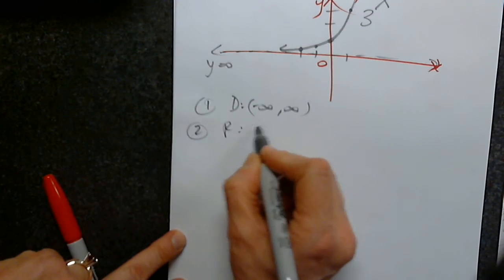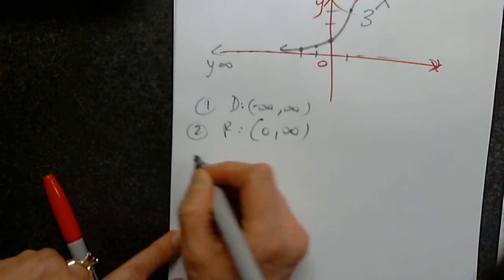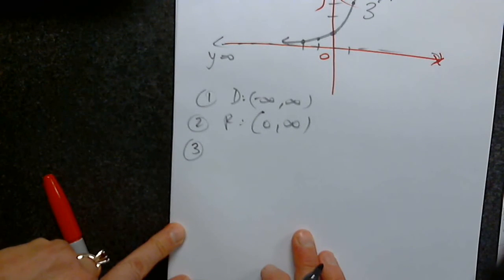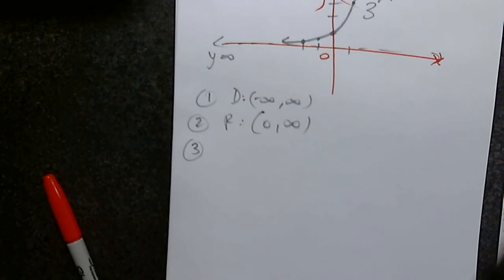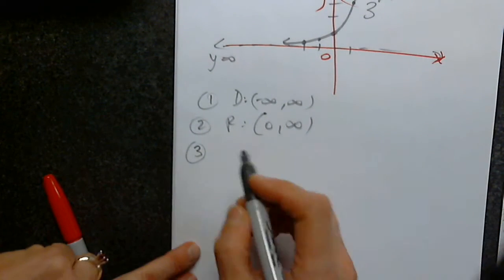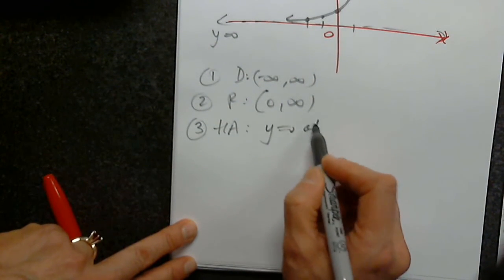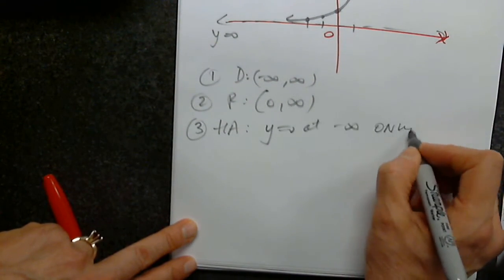Number 2, the range is 0 to infinity. Number 3, vertical asymptotes? None. It's defined everywhere. Horizontal asymptote: yes, at negative infinity only.